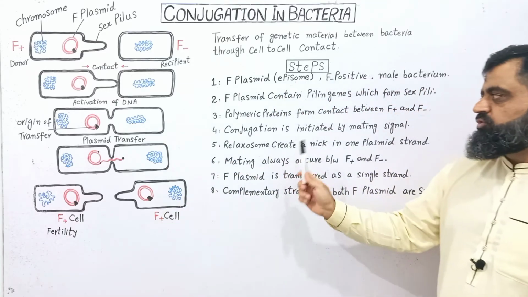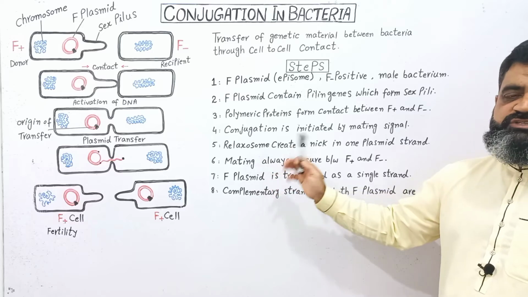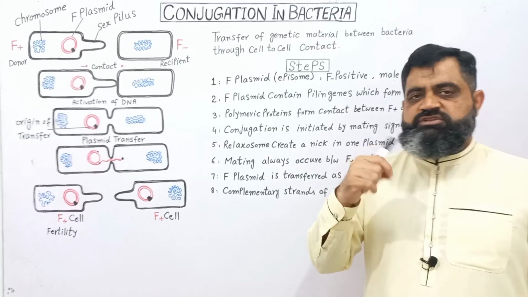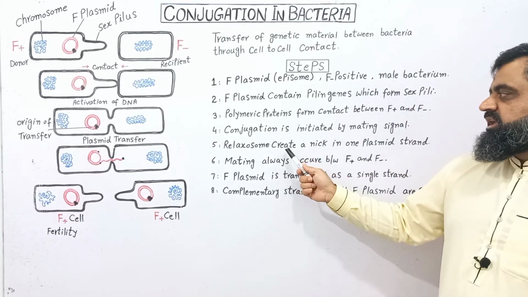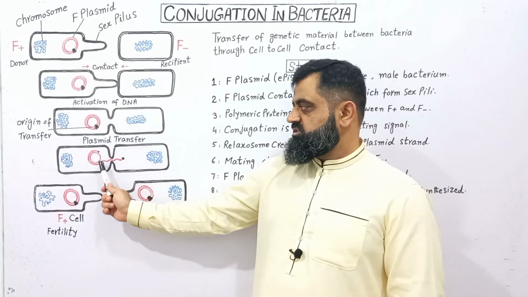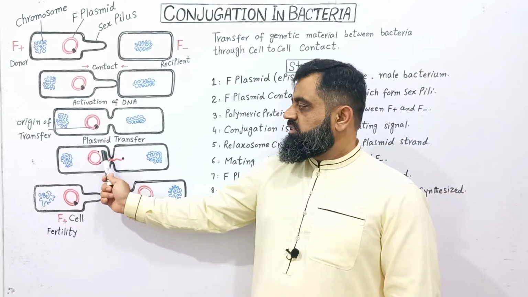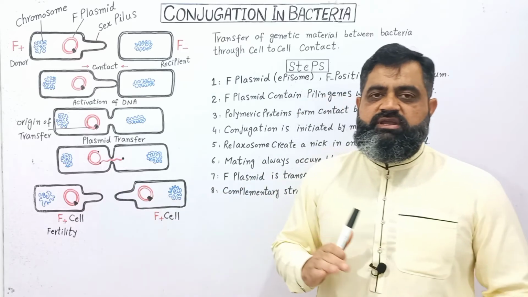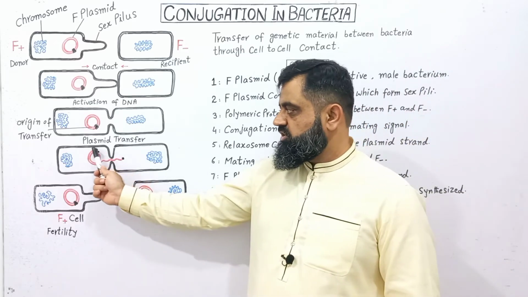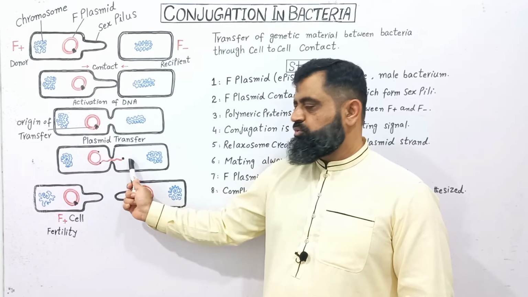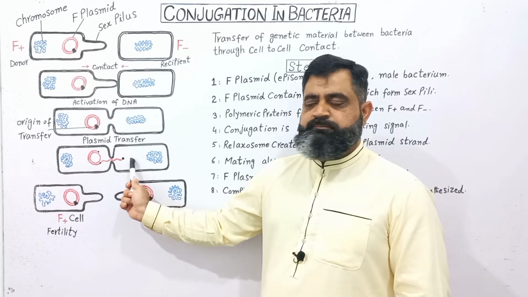In the next step, you can see the relaxosome, special endonuclease enzymes released by the cell, create a nick in one plasmid strand. When the nick is created, the double-stranded plasmid DNA gets separated, and a single strand of plasmid DNA is transferred from the donor bacterium to the recipient bacterium.